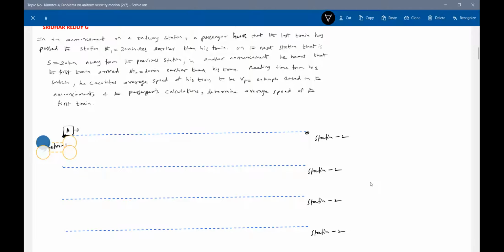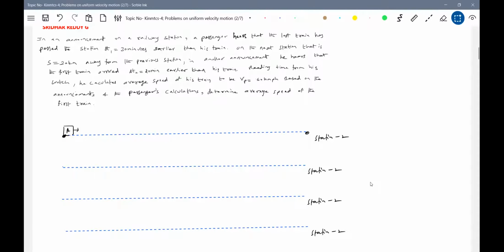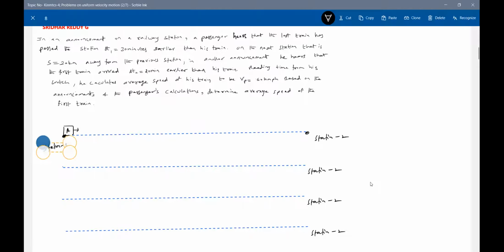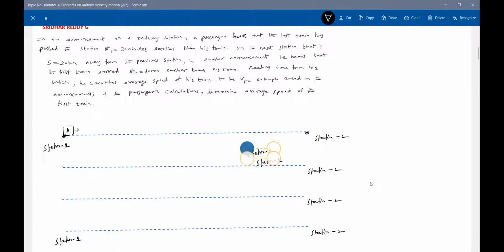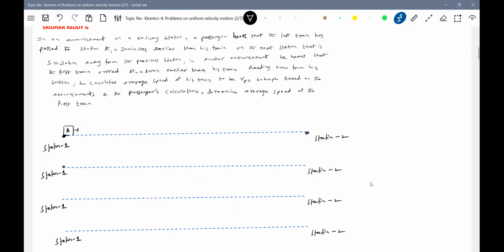Similarly for the other. I'm just trying to explain. Let me put it here, all these things. There's one station, the next station.